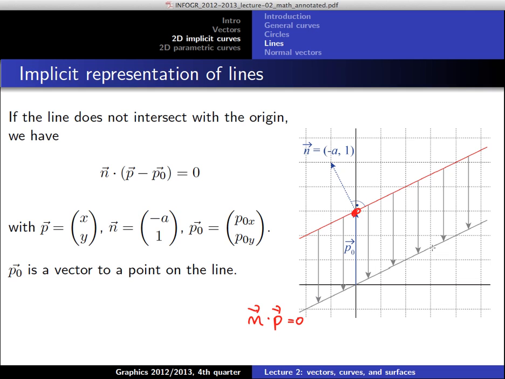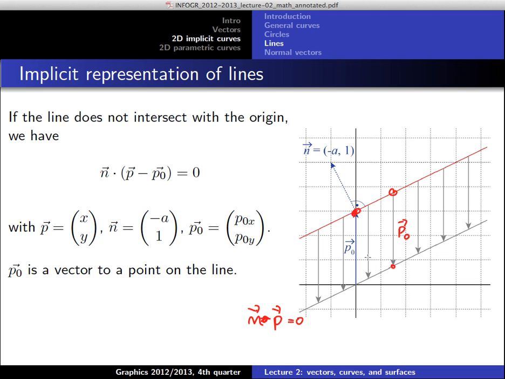So if we take p and subtract p0 from it, then we come to this line, and if this line goes through the origin, then we have this equation here, then of course it is fulfilled, and then we know the point is on the line. This kind of explains how we can come up with this equation here.